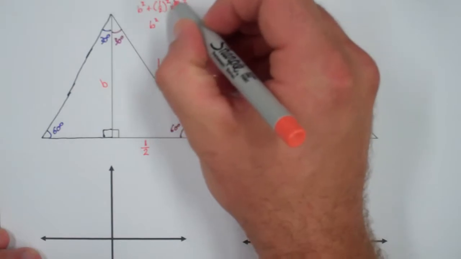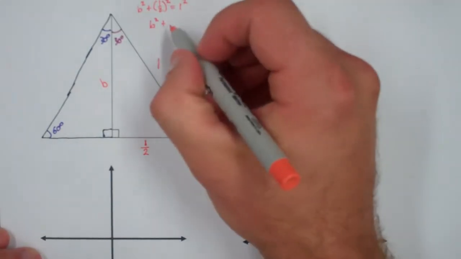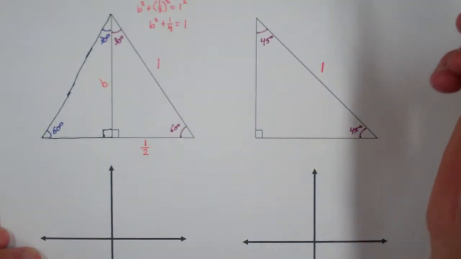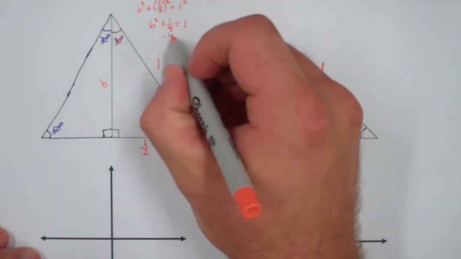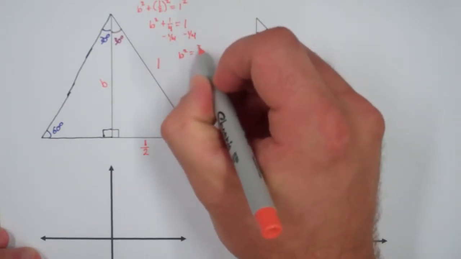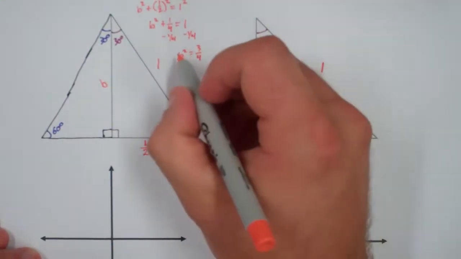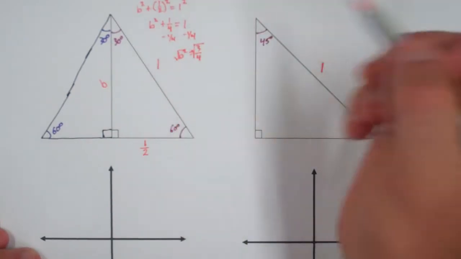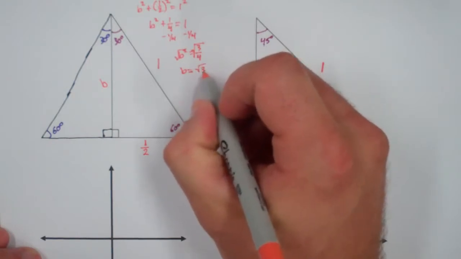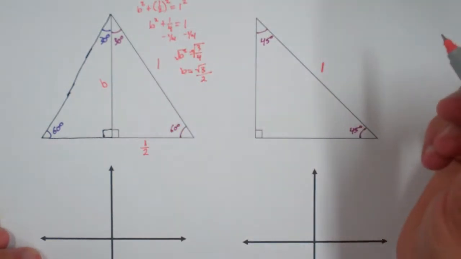We can simplify this 1/2 squared. 1/2 times 1/2 is 1/4. 1 squared, of course, is just 1. We could subtract 1/4 from each side, and b squared is equal to 3/4, and then square root the whole thing. So we've got the square root of 3 over the square root of 4, which is just 2.